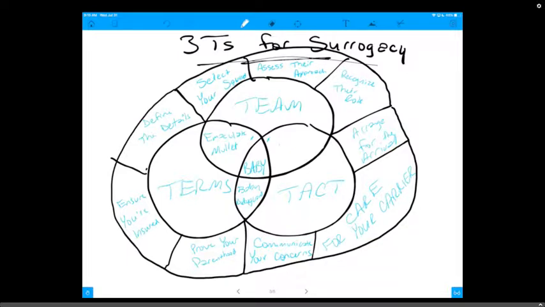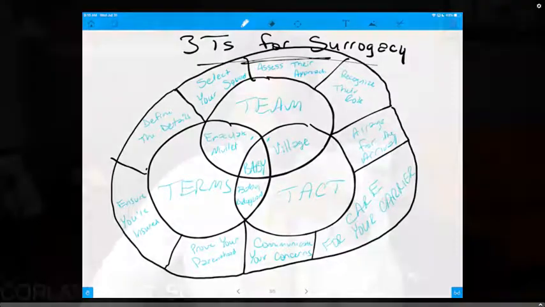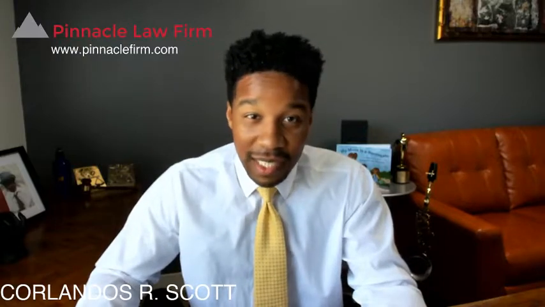Okay. Now, where your team and tact intersect, I call that the village. The village. And of course, I'm referencing the phrase, it takes a village to raise a child. And I mentioned before, I think, that if it takes a village to raise a child, it definitely takes a village to have a child through assisted reproduction.